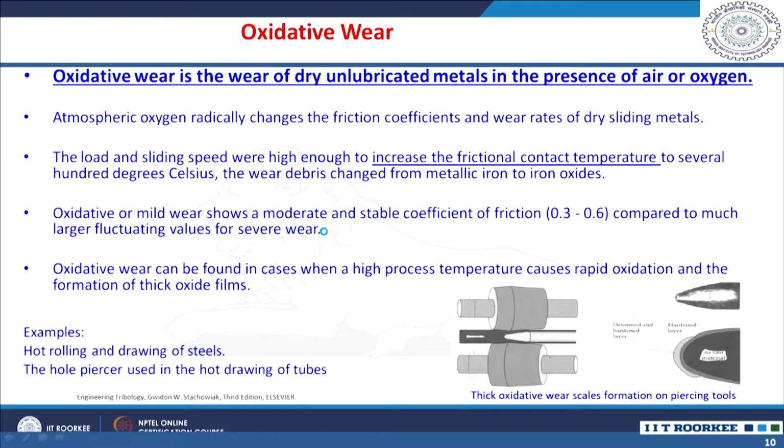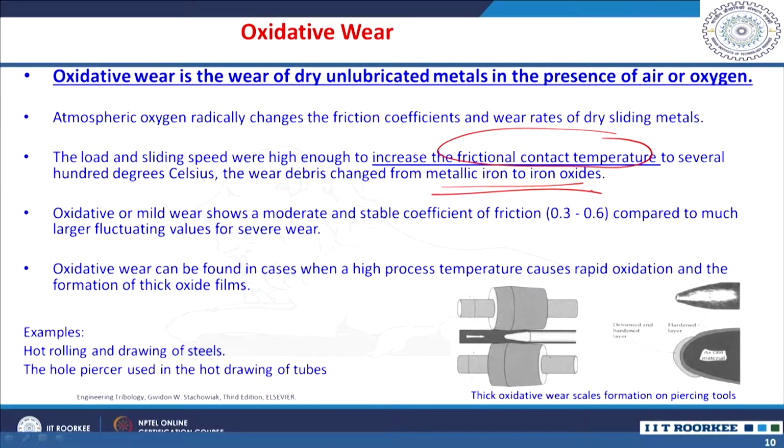Again, the parameters of the sliding, such as loading and sliding speed, if they are high enough, then they increase the frictional contact temperature to several hundreds of degrees Celsius, and then the wear debris changes from metal to metal oxides, right. So, you will see several examples where such metal becomes metal oxides in such high contact temperature conditions, because of the friction.